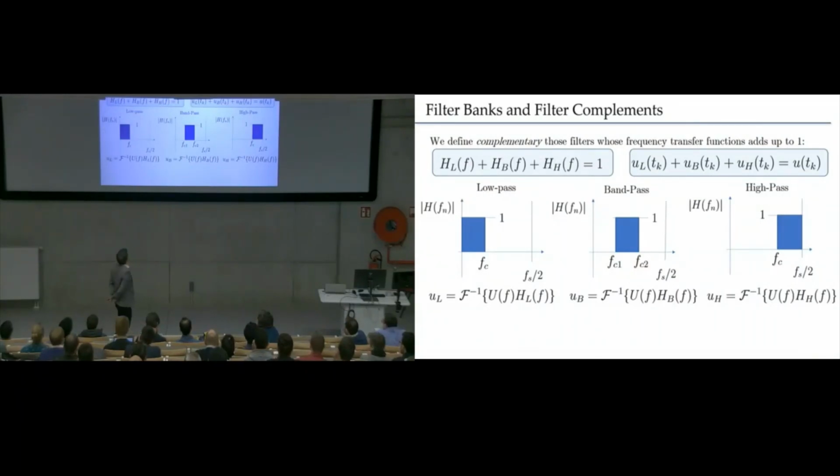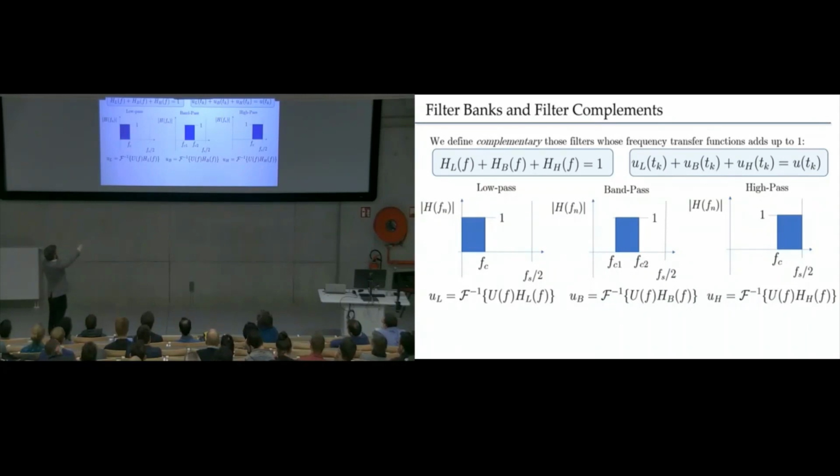Multi-resolution analysis comes when I say that I want to use complementary filters, or filter banks, as you will say. So I want that my filters, the transfer functions, add up to 1, okay? If I add more constraints on the filter, I might, for example, ask that I don't want any phase shift, so the transfer function is real, then this is equal to saying the modulus of all these things is equal to 1, okay?